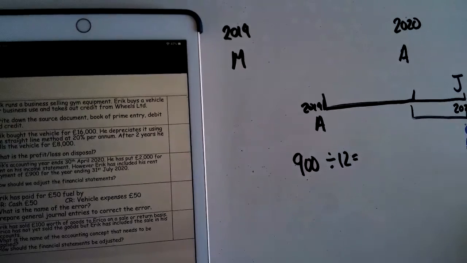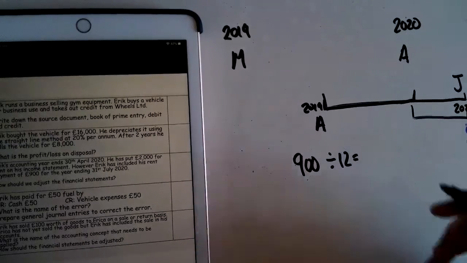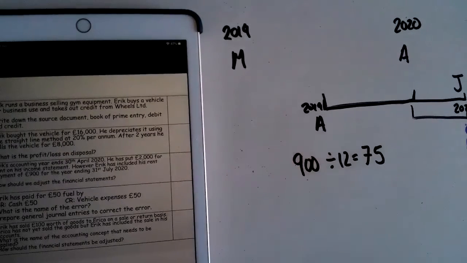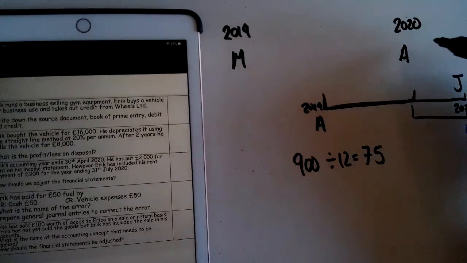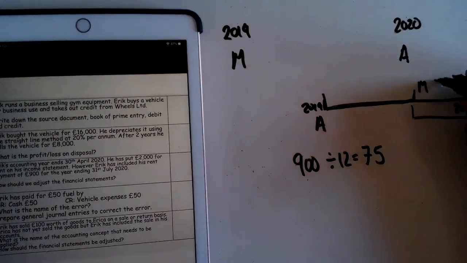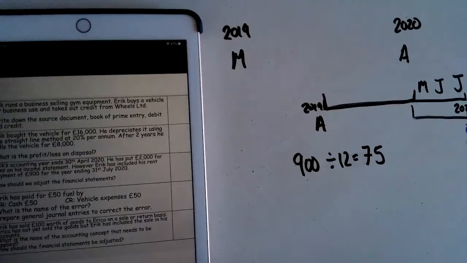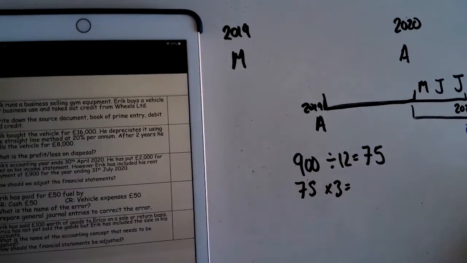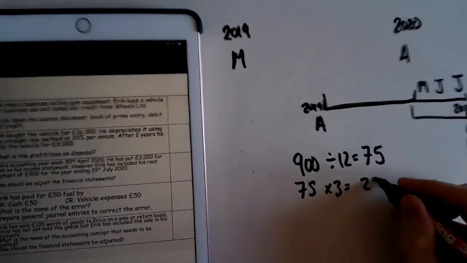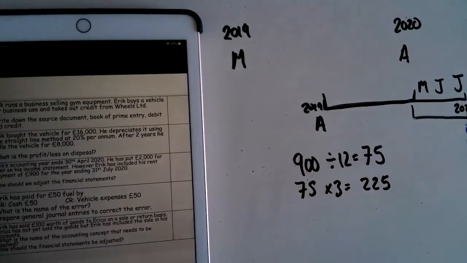So 900 divided by 12 gives us £75. And £75 is how much you should pay each month for rent. And this bit is a prepayment. So we prepaid the months after April. So we've got May, June, and July. So we prepaid 3 months. So do £75 times 3. So 225. So we've made a 225 prepayment.